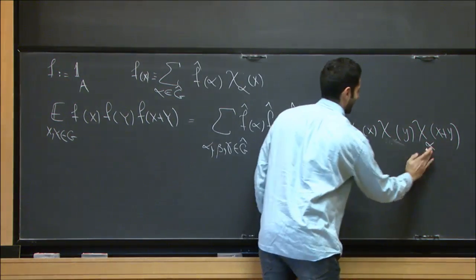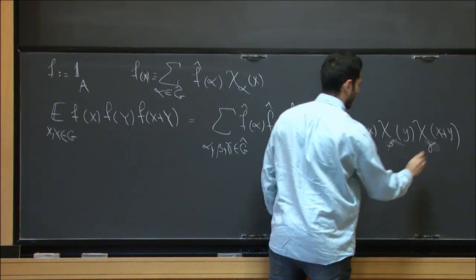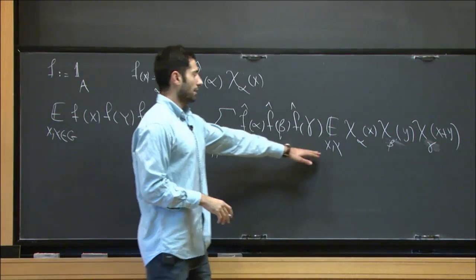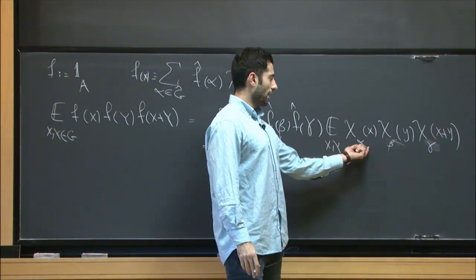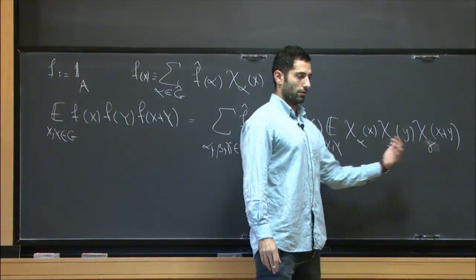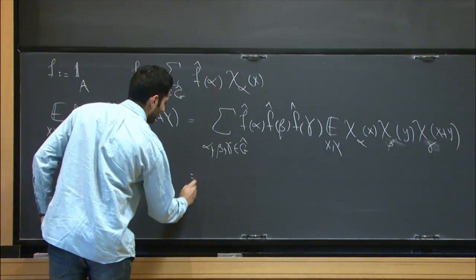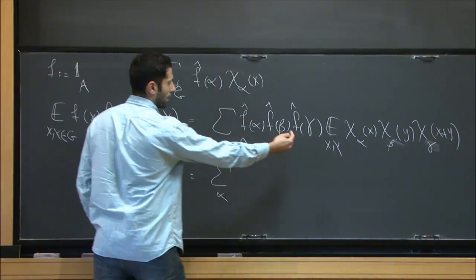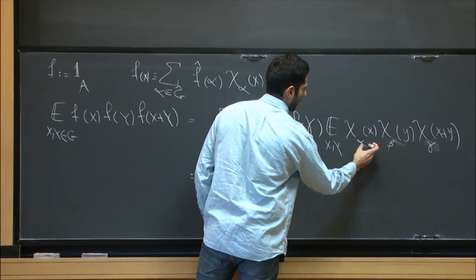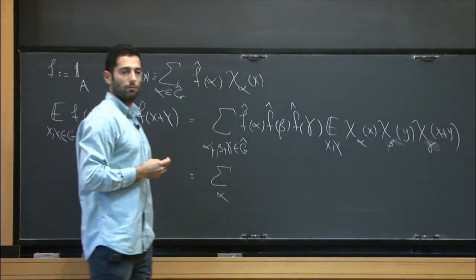Oh, sorry. And because we're taking the expected value over x and y, the only terms that survive are when alpha, beta, and gamma are all the same. They're not the same, but so alpha and beta are equal to minus gamma.